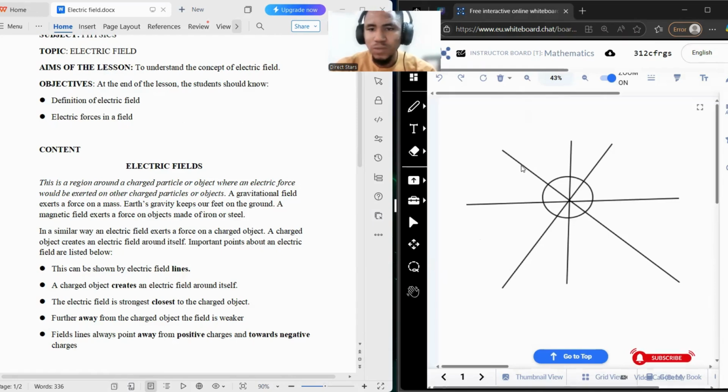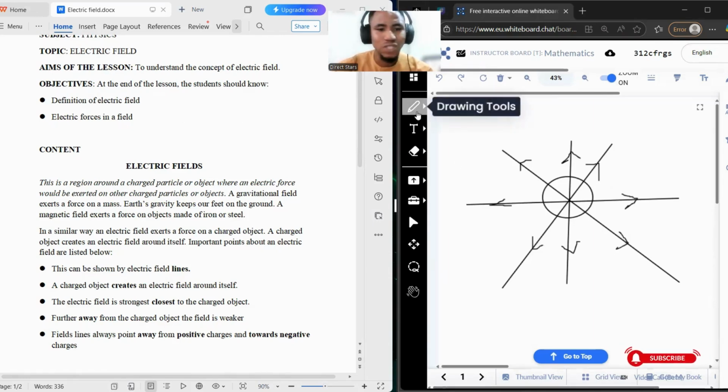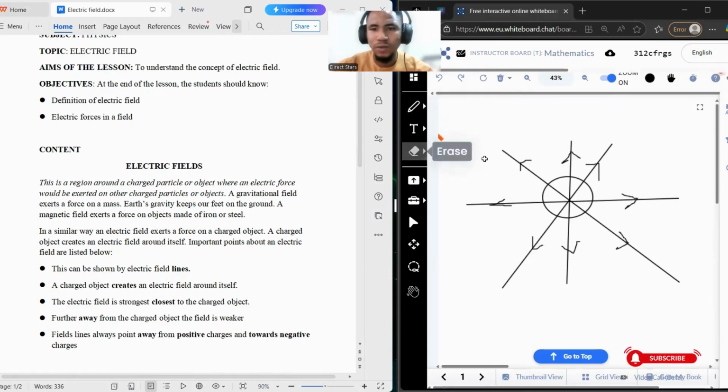Now this is a positive charge. Field lines always point away. This is what we mean by point away, because it's pointing away from the positive charge. So this is positive charge, while negative charge is towards the charge itself.